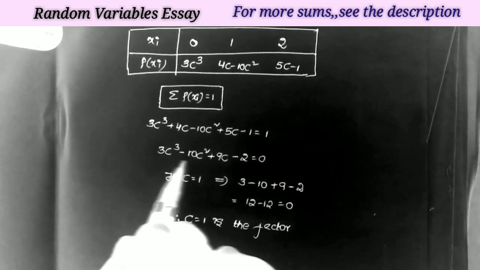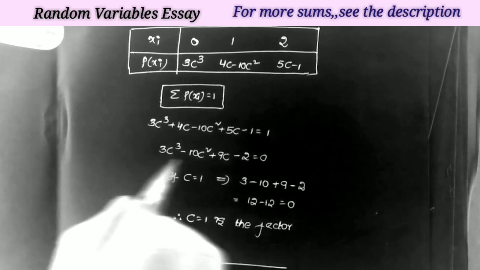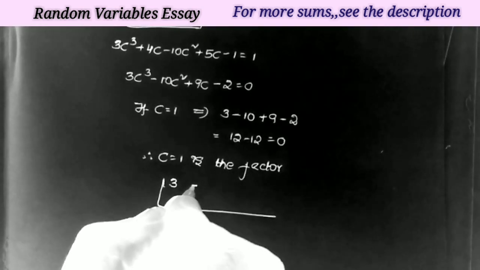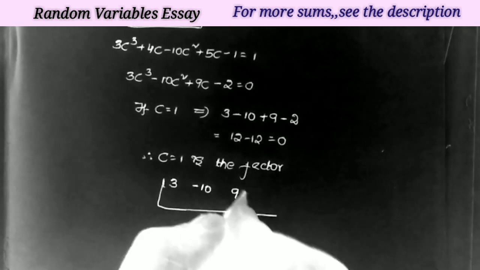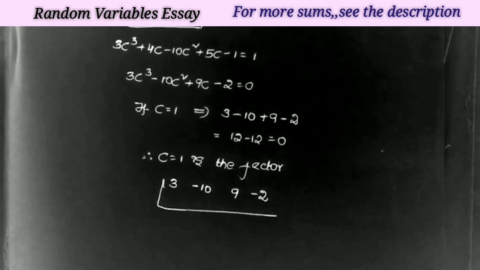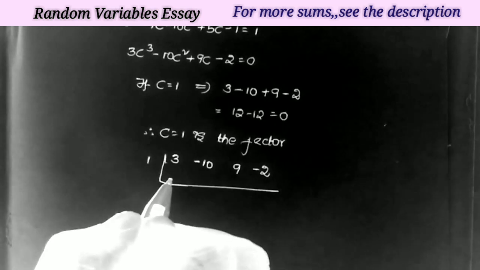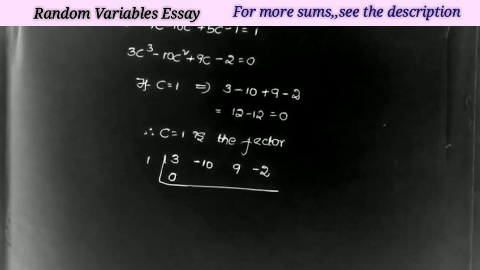Now doing the Horner division to get the remaining two roots values. So what are the quotients here? C cube quotient is equal to 3, c square quotient is equal to minus 10, c quotient is equals to 9 and constant is equal to minus 2. Now doing the Horner division with 1. What is the Horner division procedure? First we have to take the 0 at the first place.